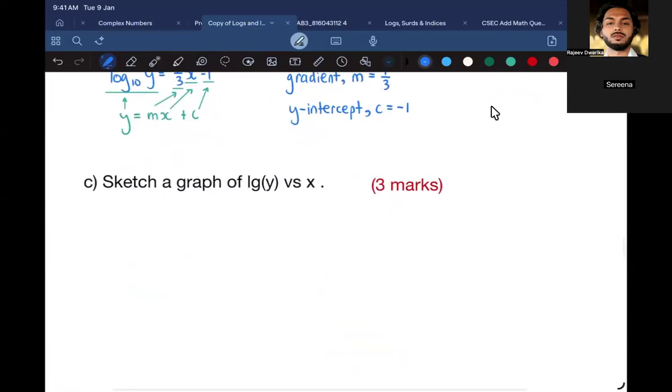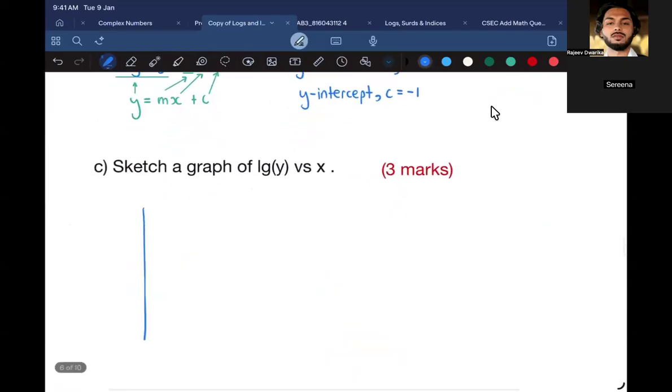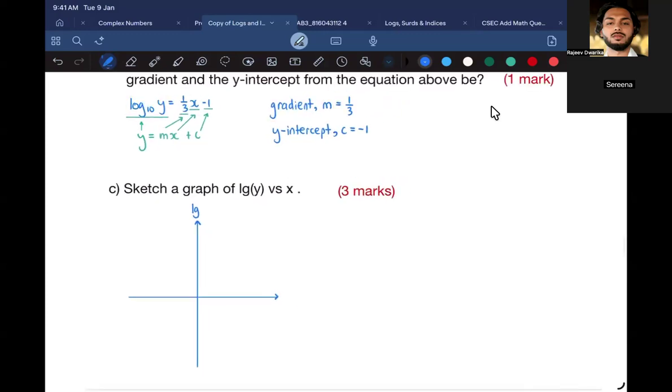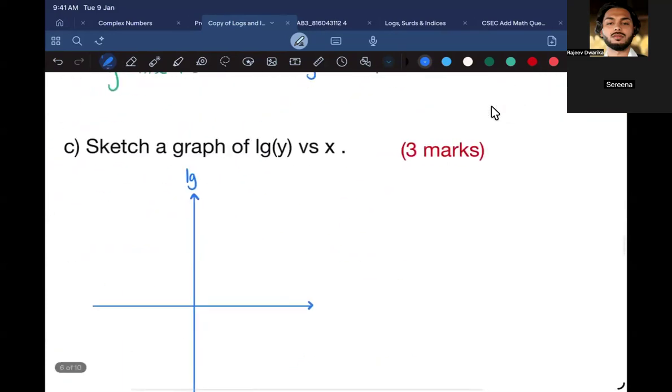Okay, good. Now we have to sketch a graph. So what's going to go on the y-axis? Log y, right? And what's going to go on the x-axis? x. Nice. Is that a positive gradient or a negative gradient? Negative, no, positive, positive. Right, positive, that's it.